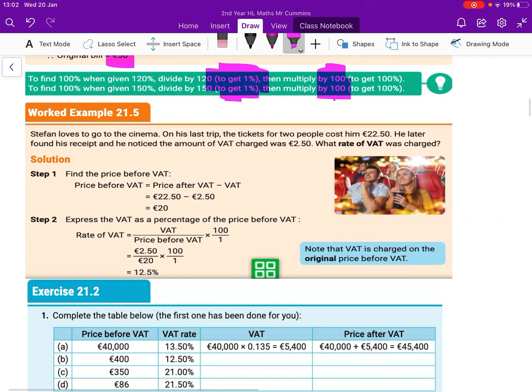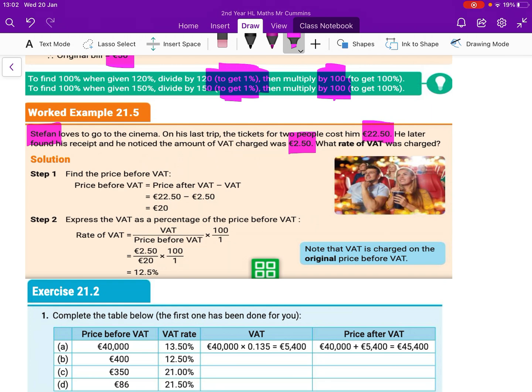Another quick example for you to have a look at. This guy loves to go to the cinema, young Stefan. On his last trip, the tickets for 2 people cost him $22.50. So for 2 tickets to the cinema was $22.50. And you notice the amount of VAT charged on that was $2.50.